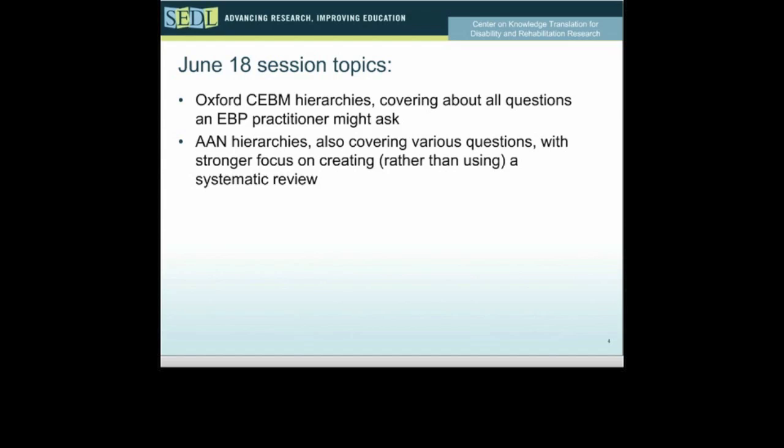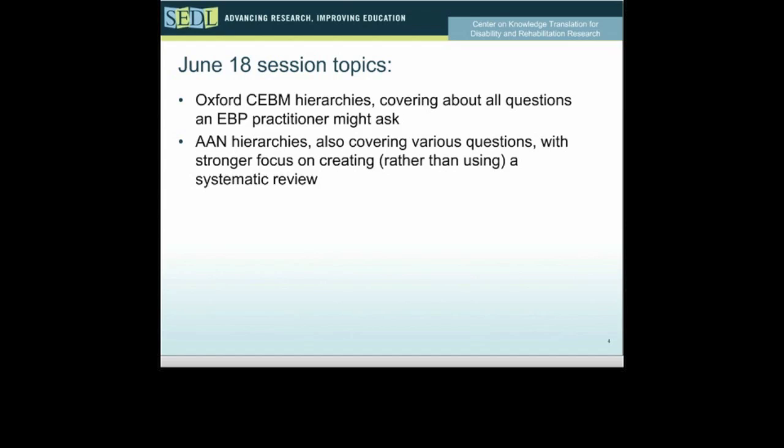On June 18, we moved on and looked at the Oxford Center for Evidence-Based Medicine hierarchies, which not just covered interventions, but all the types of questions that an evidence-based practice adherent might ask.